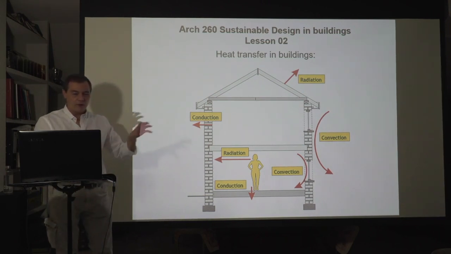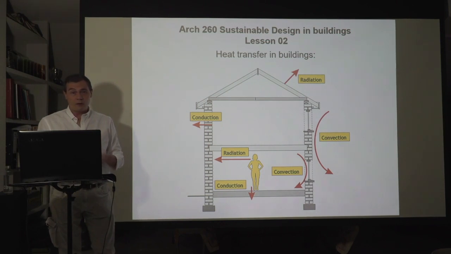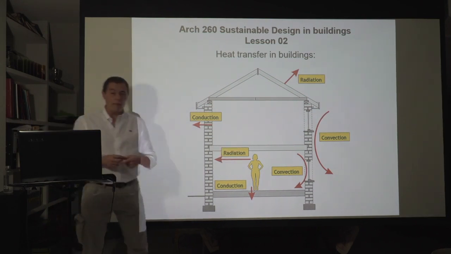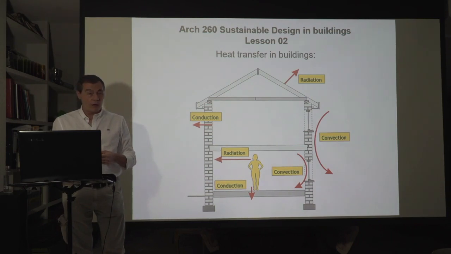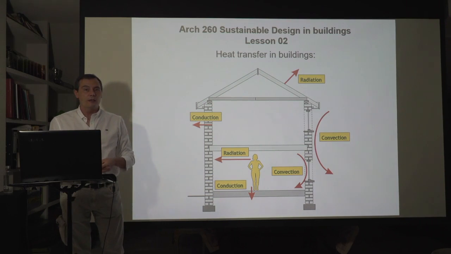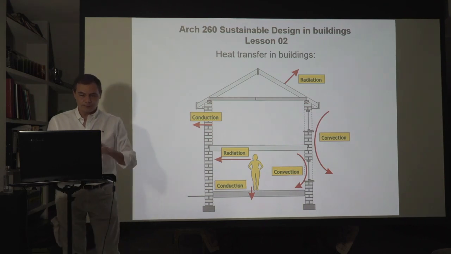So in a building or in a space, we have the three mechanisms, and we need to get to know all of them, because we have to keep this human being in comfort conditions, and the two main parameters to assess the comfort conditions are temperature and relative humidity.